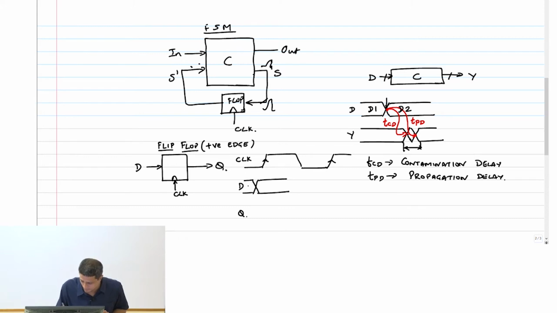So it went from D1 to D2. By the way, I will call this output here Y2, which means D2 output has now come to Y2. This will be Y1. So let's say that the data changed from D1 to D2 and then it again switched to D3 somewhere in between.